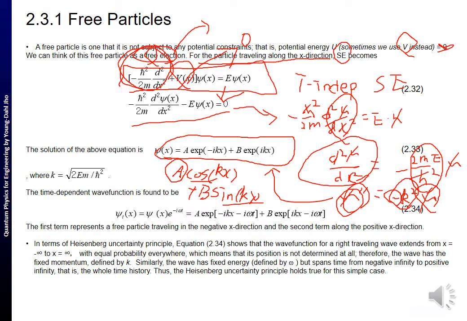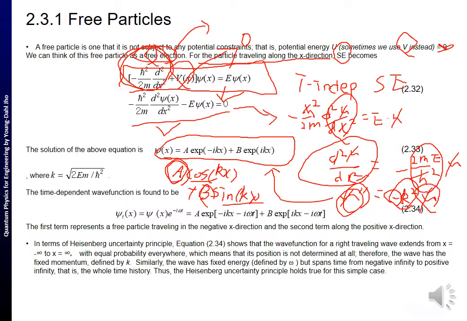And then the most general solution is shown this way. We take them with certain weighting factors a and b, and then we decide a, b, and k.